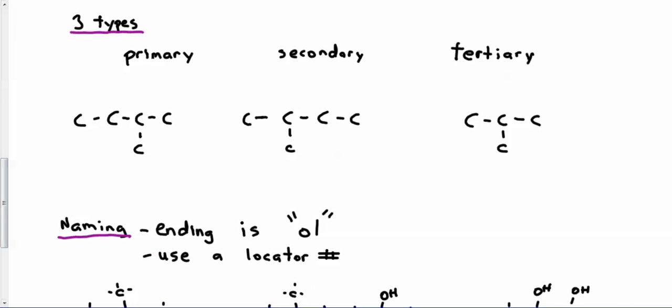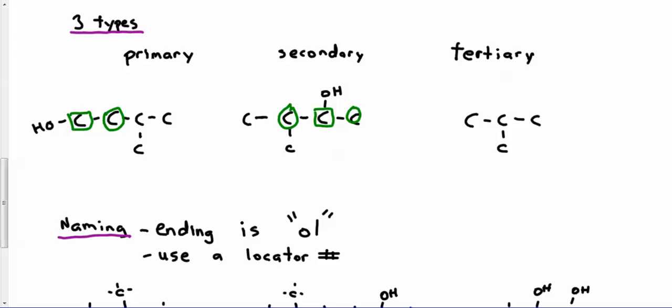There are 3 types of alcohols. Primary alcohol, the OH is attached to a carbon that's only attached to one other carbon. This is a primary alcohol. A secondary alcohol is when the OH is attached to a carbon that's attached to two other carbons.